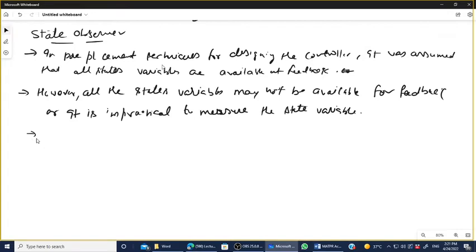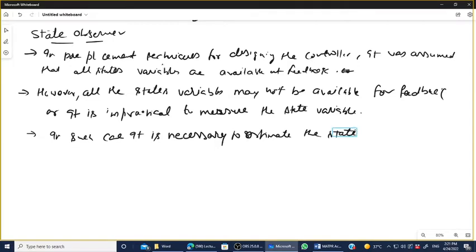In such cases, it is necessary to estimate the states which are unavailable.